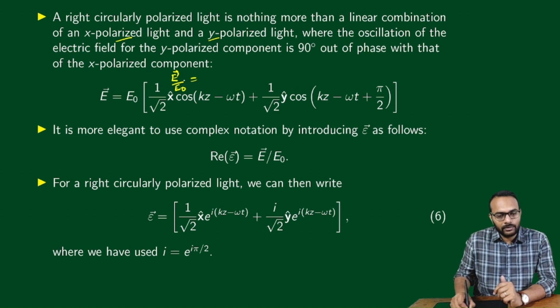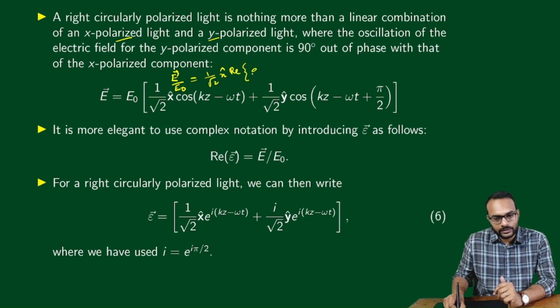Let's write E vector divided by E0. This is 1 by root 2 x hat times cos(kz minus omega t), which is nothing but the real part of the complex function e raised to i(kz minus omega t).